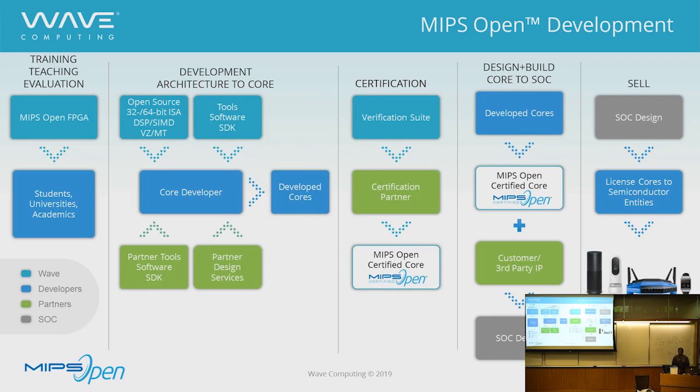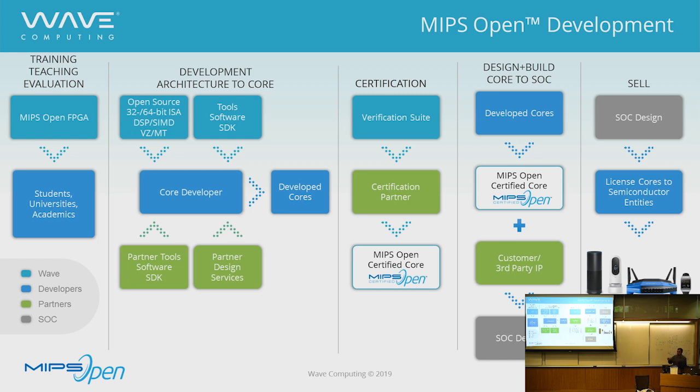If you see on the left, we have the MIPS Open FPGA package that is available for training, teaching, and evaluation purposes. It's a full-fledged package. It includes, as I said, a commercial, non-production core that you can use for evaluation purposes. Then you can take the architecture and develop your own core, and there are tools available from us and from partners.